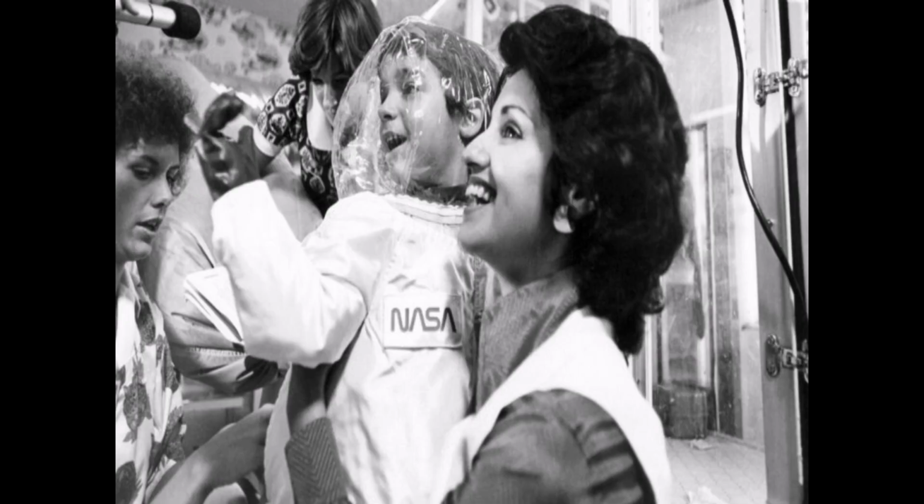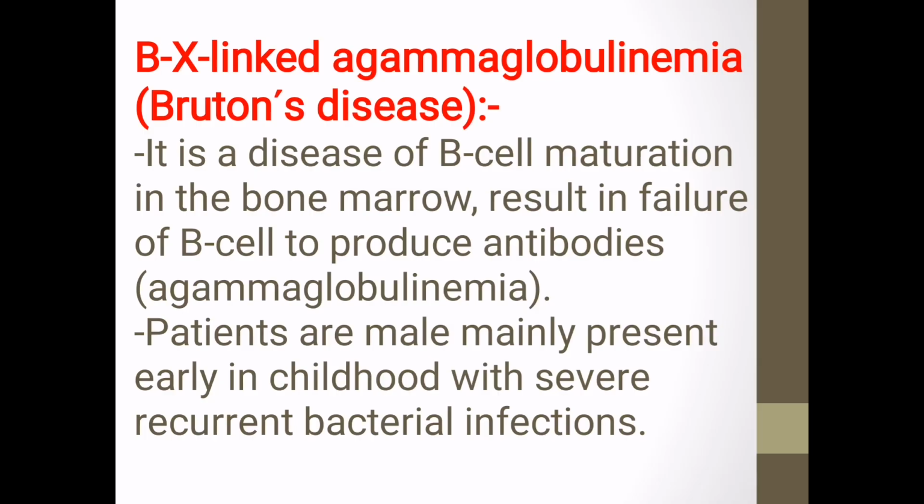Okay, the second one is X-linked agammaglobulinemia. Agammaglobulinemia, so it is a problem in the B lymphocyte. It is a disease that affects B lymphocyte maturation in the bone marrow, resulting in failure of B cells to produce antibodies.